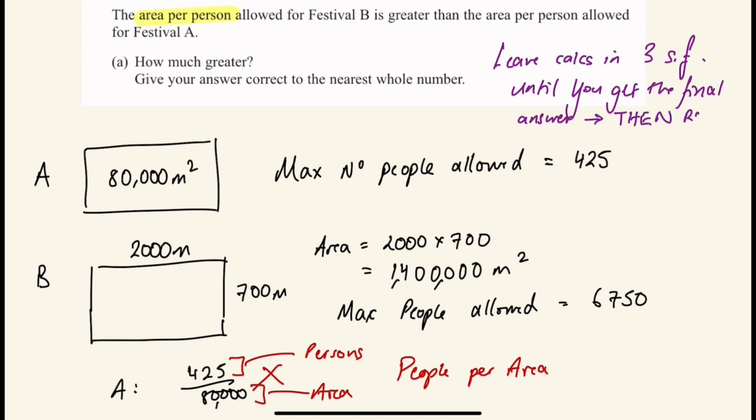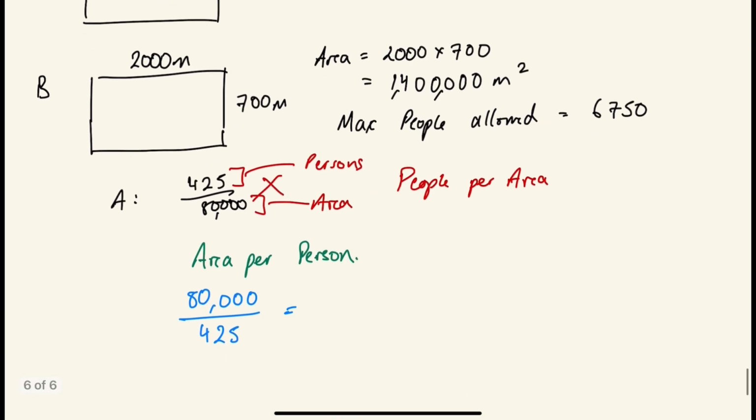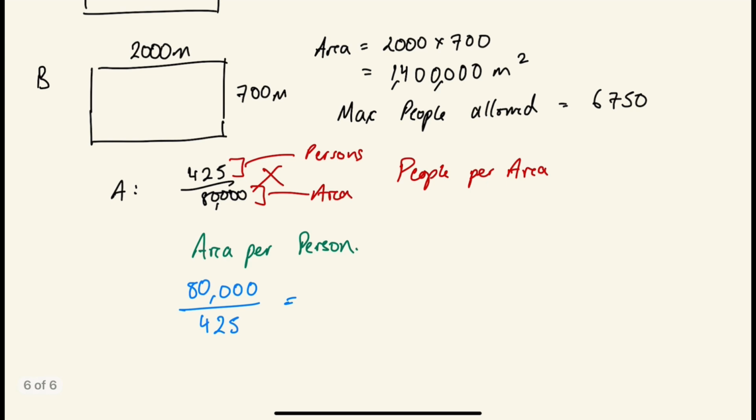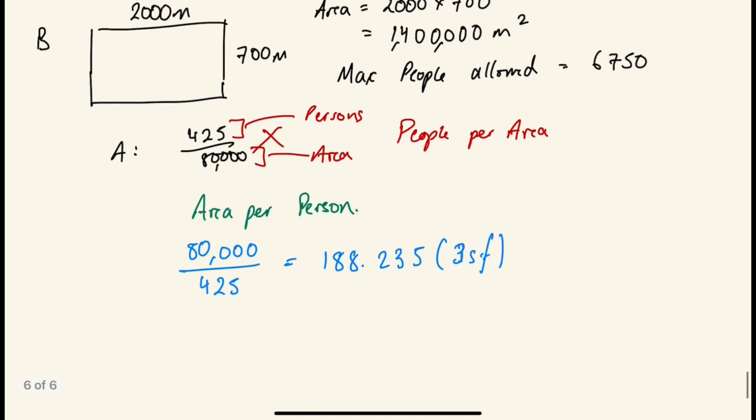Then you round it. Hope that makes sense. I'll show you what I mean. This, when you put it into the calculator, is 188.235 to 3 decimal places. You don't need to write that down, that's just for illustration.